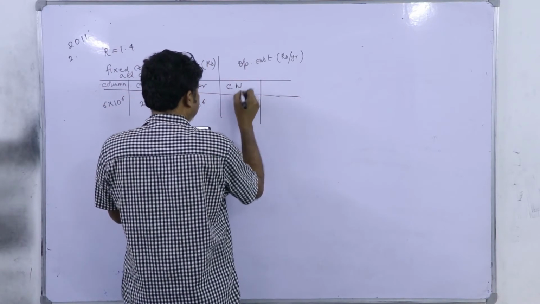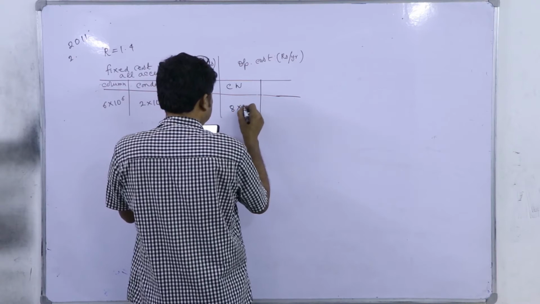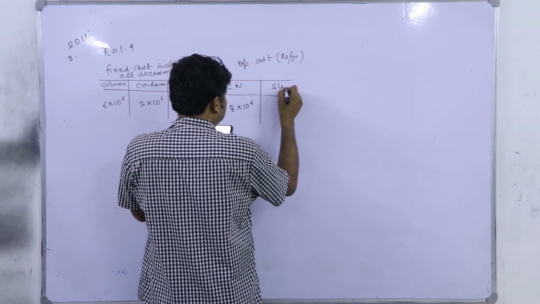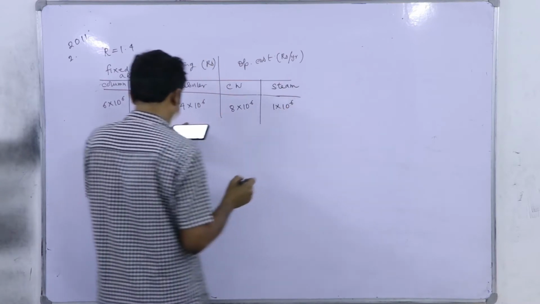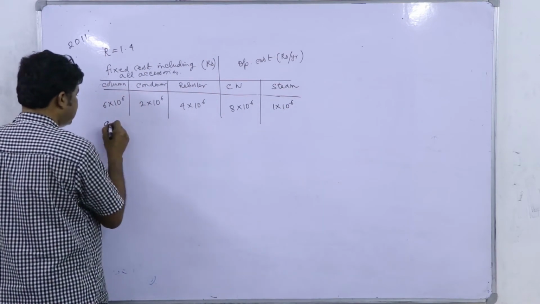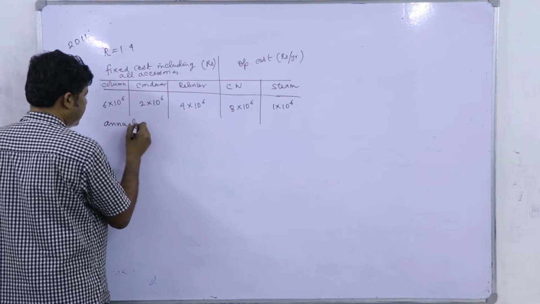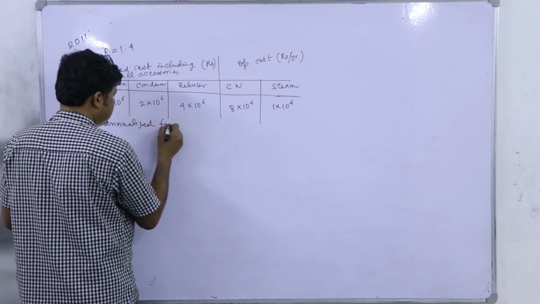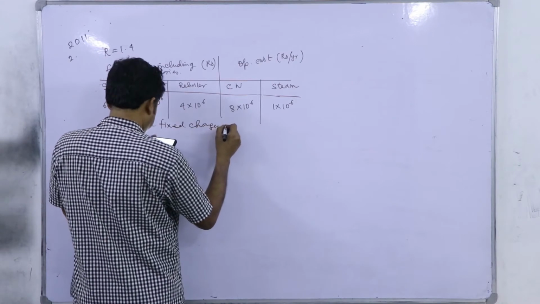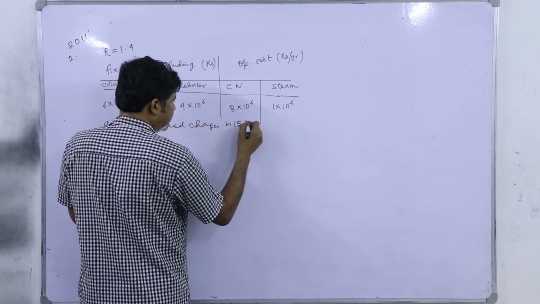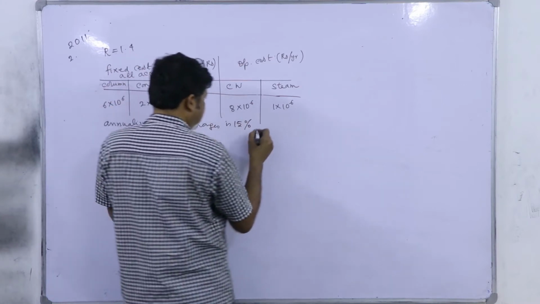These are the fixed costs. Cooling water in condenser is 8 into 10 to the power 6, steam in the reboiler is 1 into 10 to the power 6. The annualized fixed charges is 15% of the fixed cost.